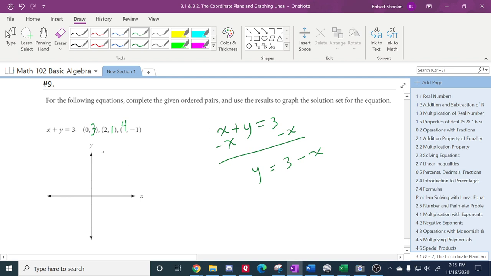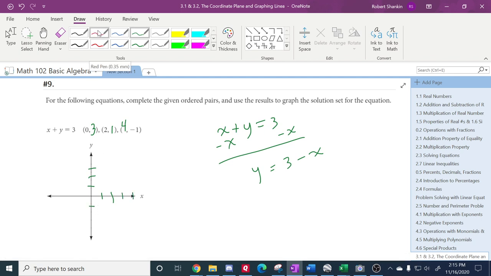Okay? And then we take each of these 3 points, and we put them on this graph. So 0, 3, and 2, 1, and 4, negative 1.